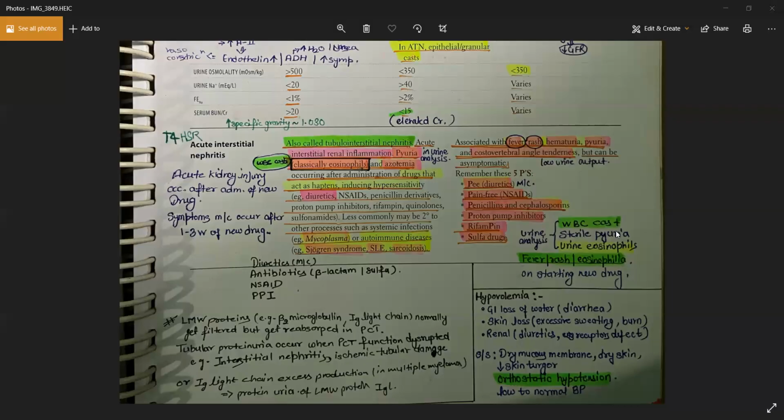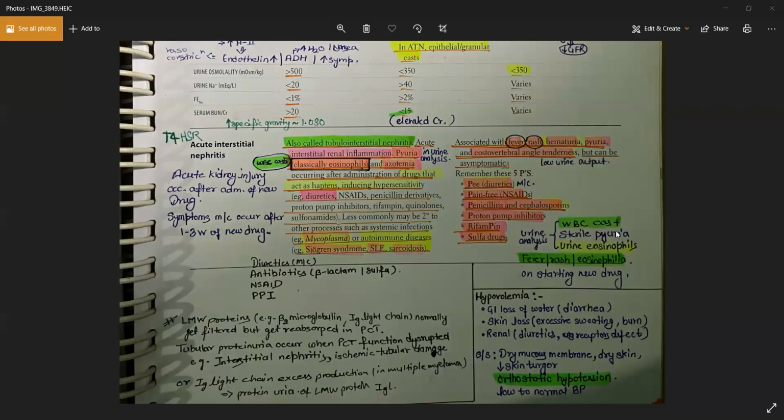Other than drugs, it can happen because of infections also, and generally the infection is Mycoplasma. Autoimmune diseases can also do that, such as Sjogren syndrome, SLE, and sarcoidosis. They can all cause acute interstitial nephritis. And if Step 1 asks you what kind of hypersensitivity it is, you will say it is a type 4 hypersensitivity.